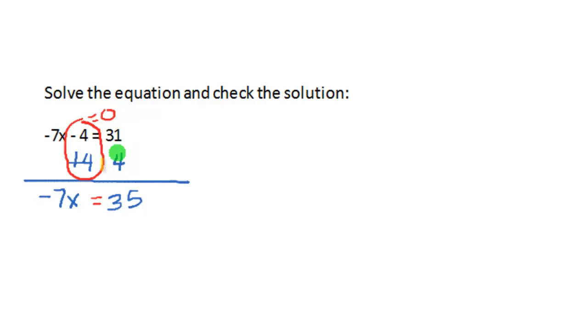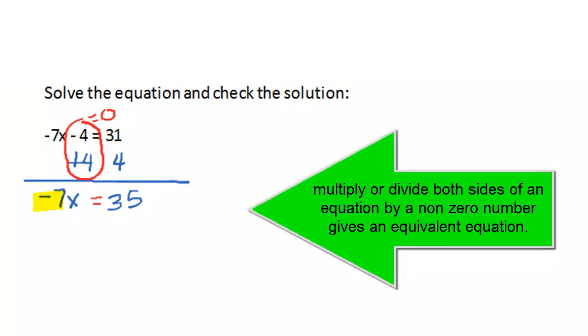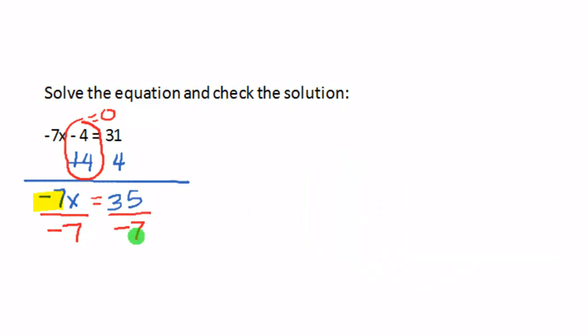Now, to isolate x, we need to get rid of its coefficient, negative 7. Again, we can divide both sides of this equation by negative 7 to get an equivalent equation, and that will help us isolate x. Then in this fraction, the negative 7 can be reduced to leave a 1x, or just x, and 35 divided by negative 7 is negative 5.